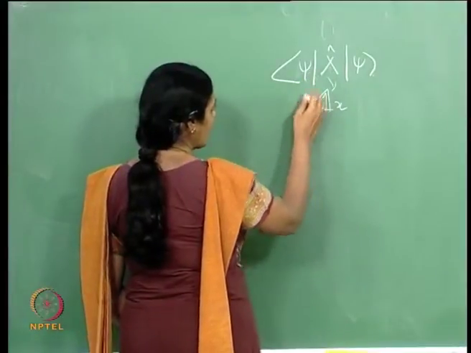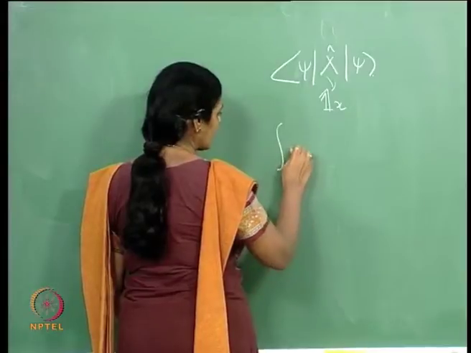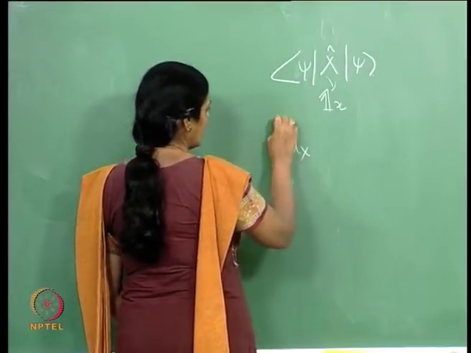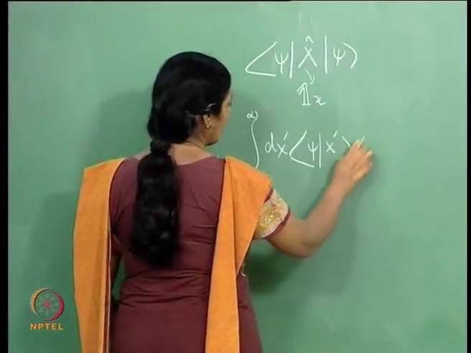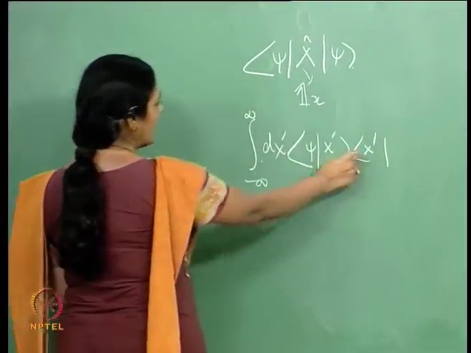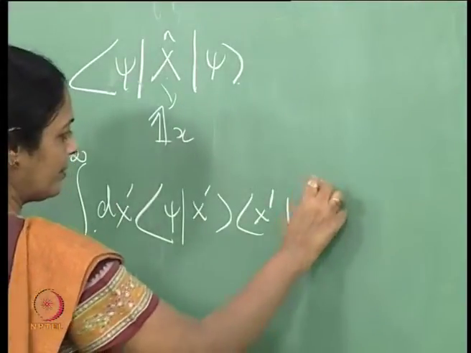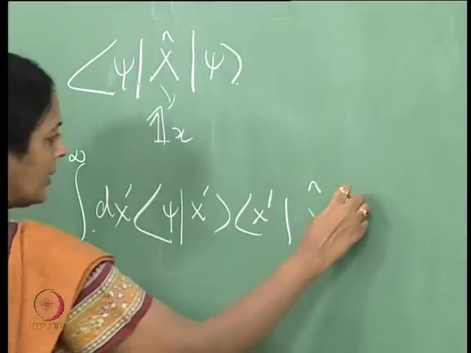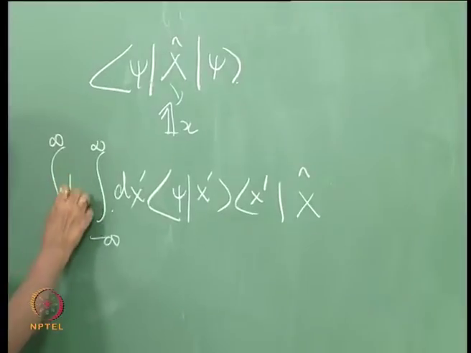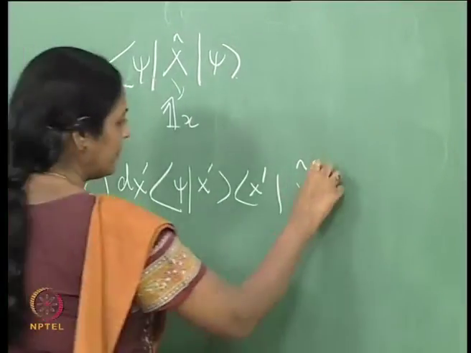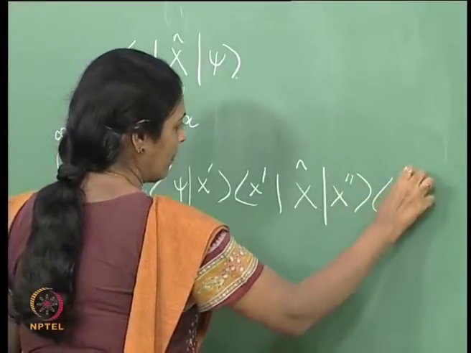and in this object I can always introduce a complete set of states. So I can write it as integral dx prime, ket x prime, bra x prime. Now that is a complete set of states that I have introduced, and then once more here I can introduce another complete set of states, dx double prime, ket x double prime, bra x double prime psi.